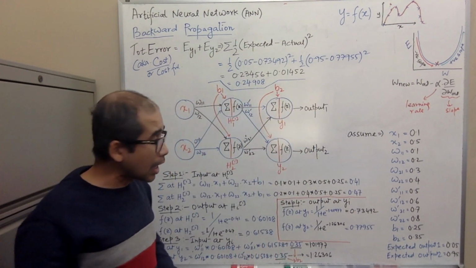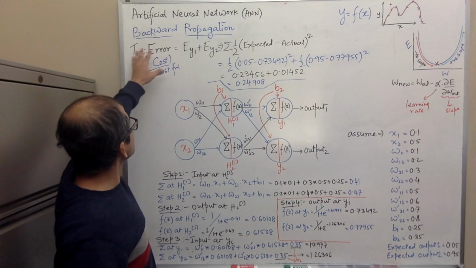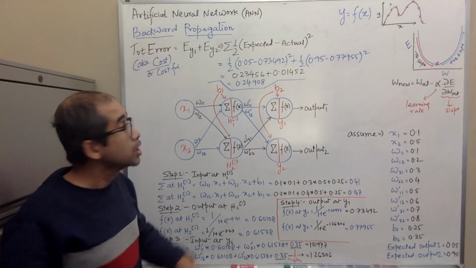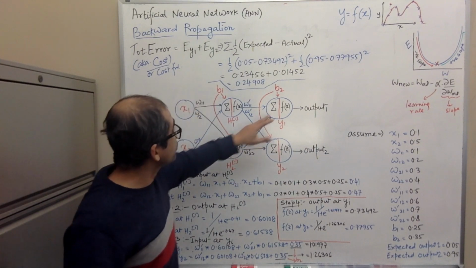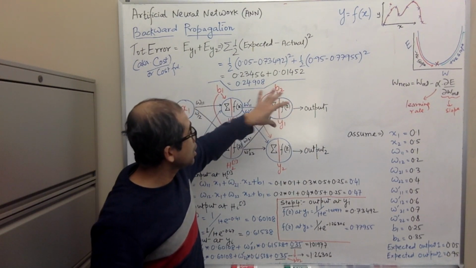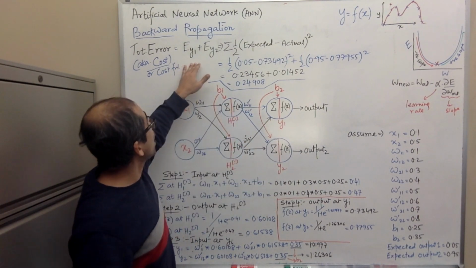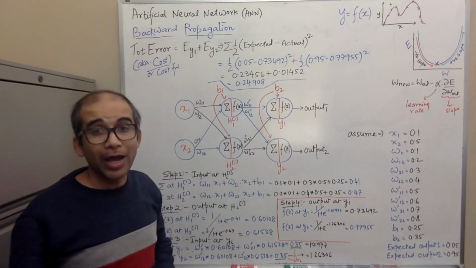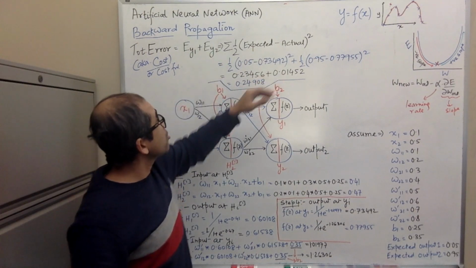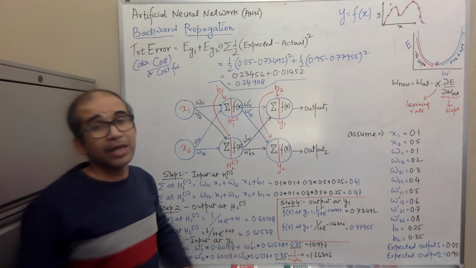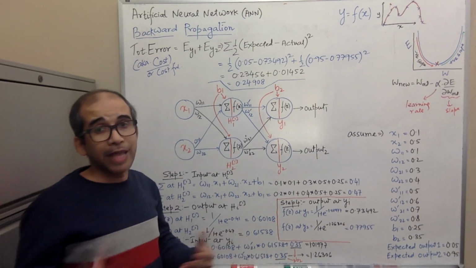And so how do we calculate the error? The total error, which is also known as the cost function or the cost, is basically the error originated by this one and the error originated by this one, summed up: error of y1 and error of y2. The generic formula is the sum of half times (expected minus actual) whole square, expected outcome minus actual outcome.